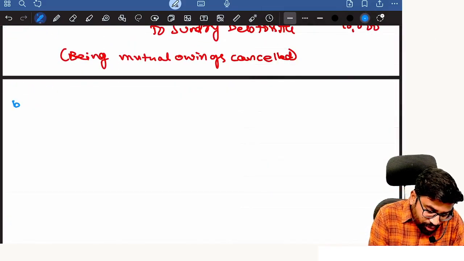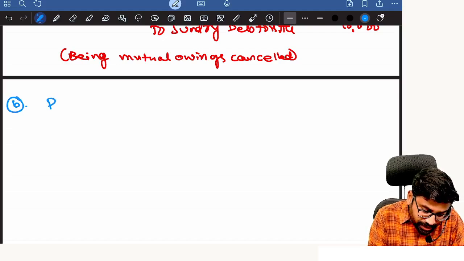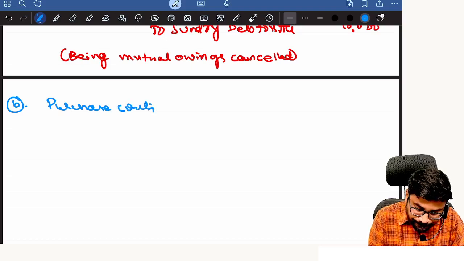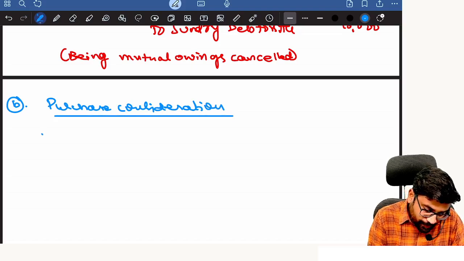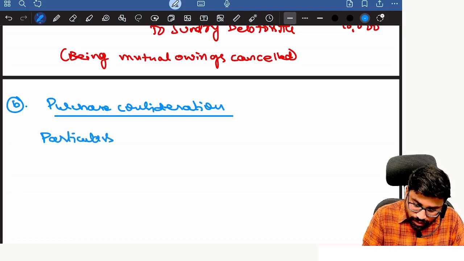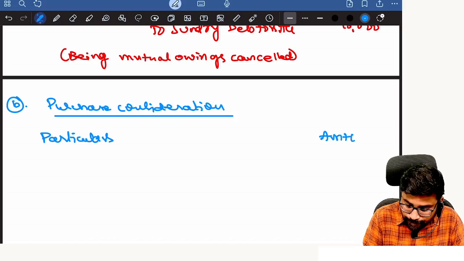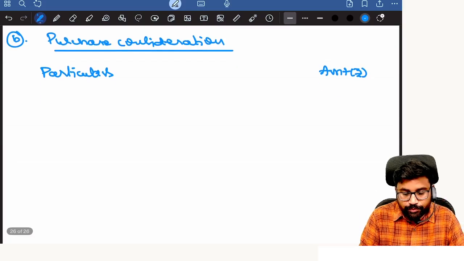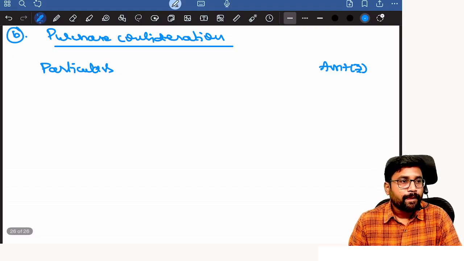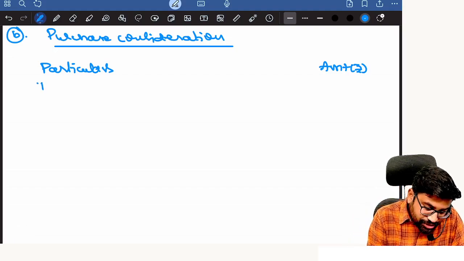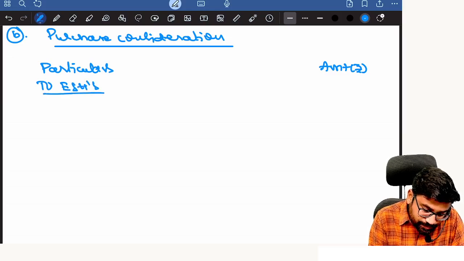And they are asking what? PC, purchase consideration. Particulars, amount. First, equity shareholders.